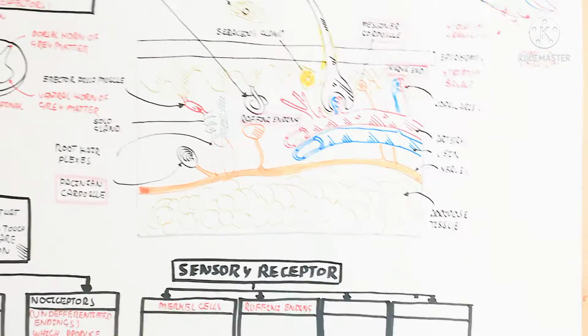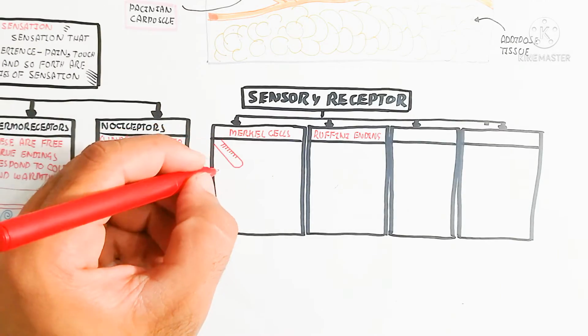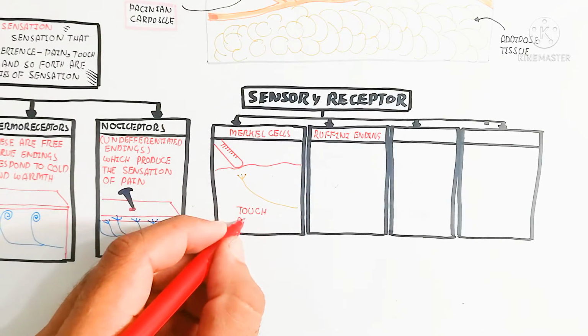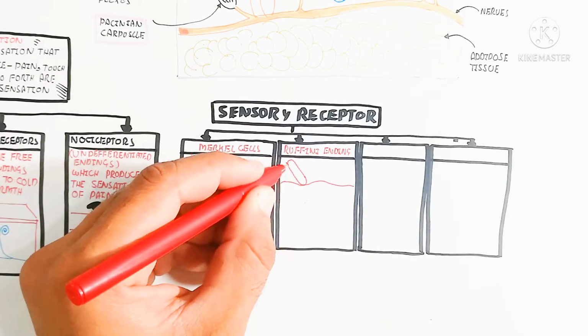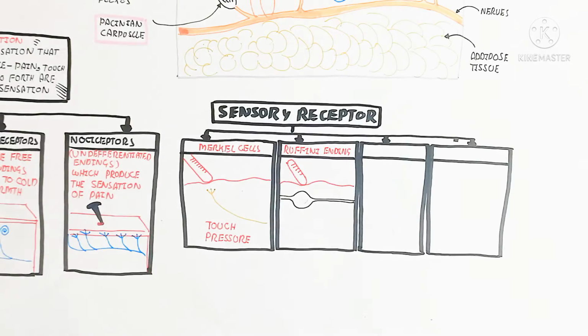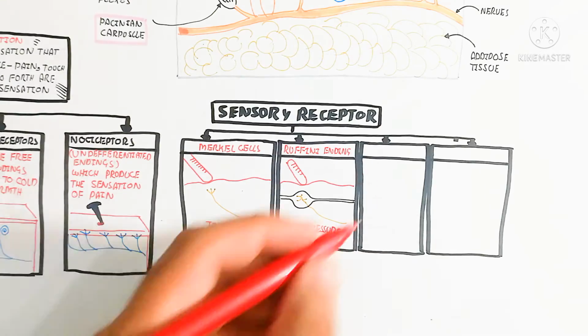While the Ruffini ending, which is used for high pressure, is deeper as compared to the Meissner corpuscle. Why? Because the Meissner corpuscle is used for the pain sensation. So that means the upper part of the skin is required for the pain, because the upper skin should not be damaged. So that is why the upper part can feel.